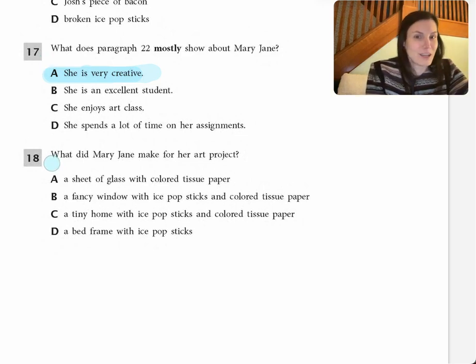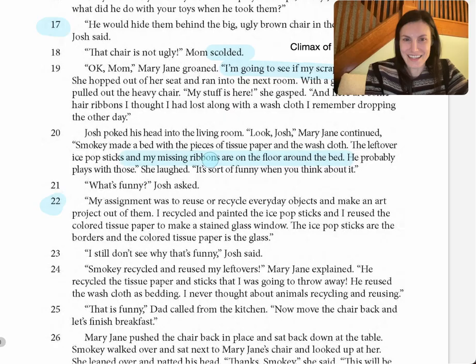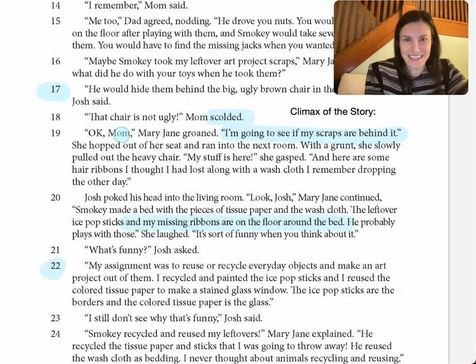What did Mary Jane make for her art project? A sheet of glass with colored tissue, a fancy window with ice pop sticks and colored tissue paper, a tiny home with ice pop sticks and colored tissue, a bed frame with ice pop sticks. And if we go look back, let's see. She has her scraps. "My stuff is here.